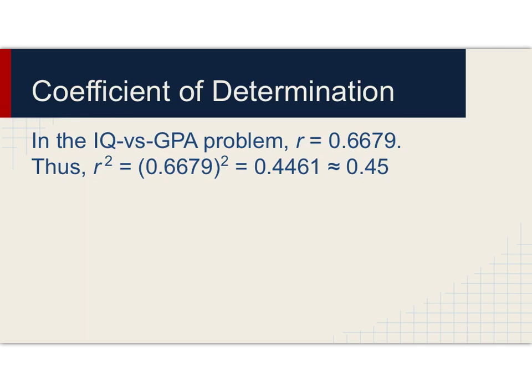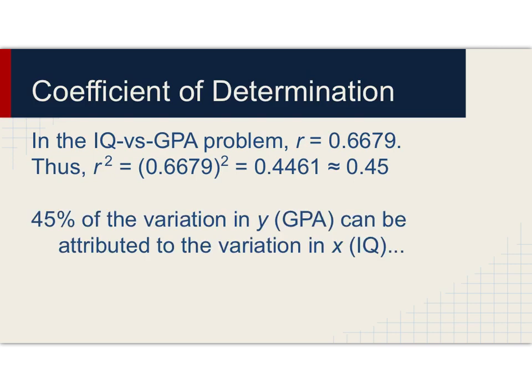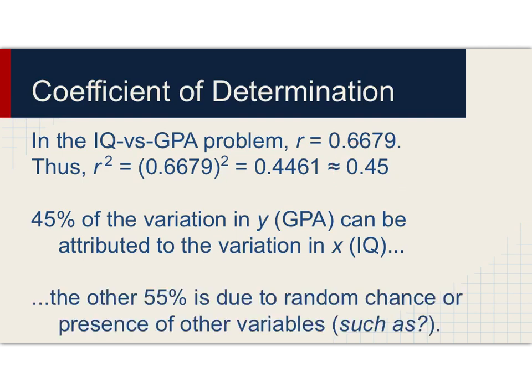If we square that number, we'll get about 0.45. And the meaning of this is pretty straightforward, actually. What we're able to say here is 45%, there's your 0.45, 45% of the variation in GPA can be attributed to the variation in X, according to our results. What that means is the other 55% is due to something else.